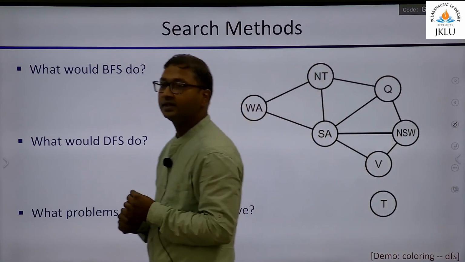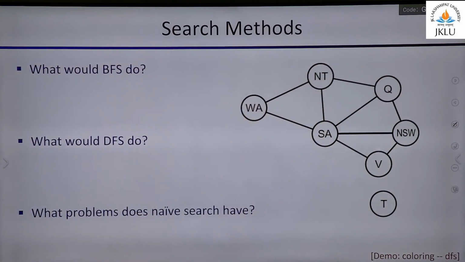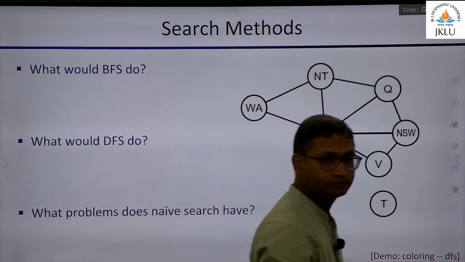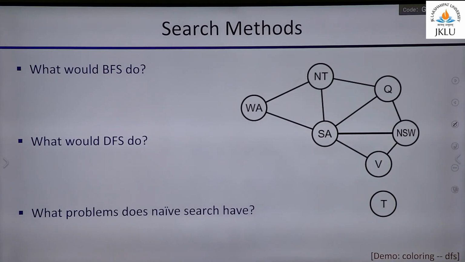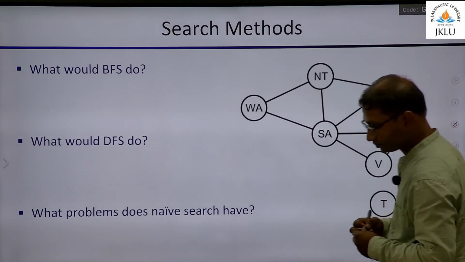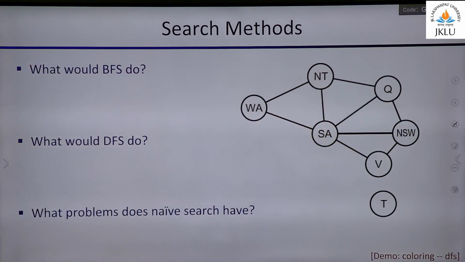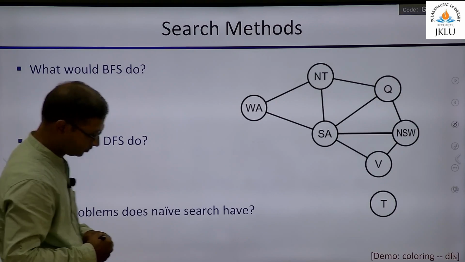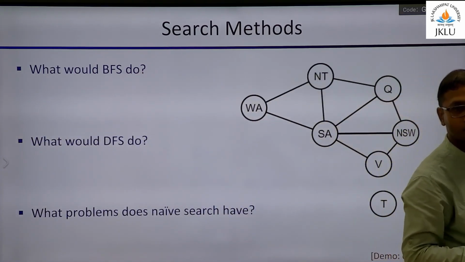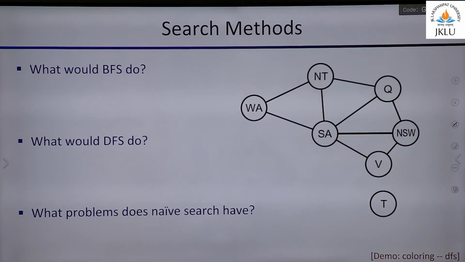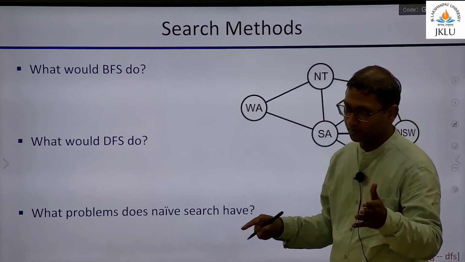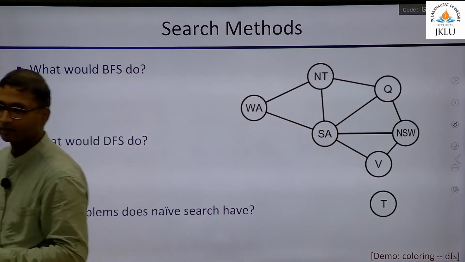How many states in the last level? Seven? 21 into 7 into, so 21 square. Okay, how do you get that 21 square?